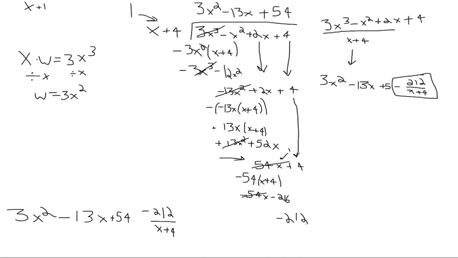But once we reach a certain point where it is actually greater than the highest exponent in whatever we have left, then that is our remainder. So in this case, this is our remainder because we can't divide any further. And we know that because the highest exponent for the variables in x plus 4 is 1, and that is higher than 0, which is the highest exponent in minus 212, which is what we had left. Okay, so that pretty much concludes this video. Thank you.